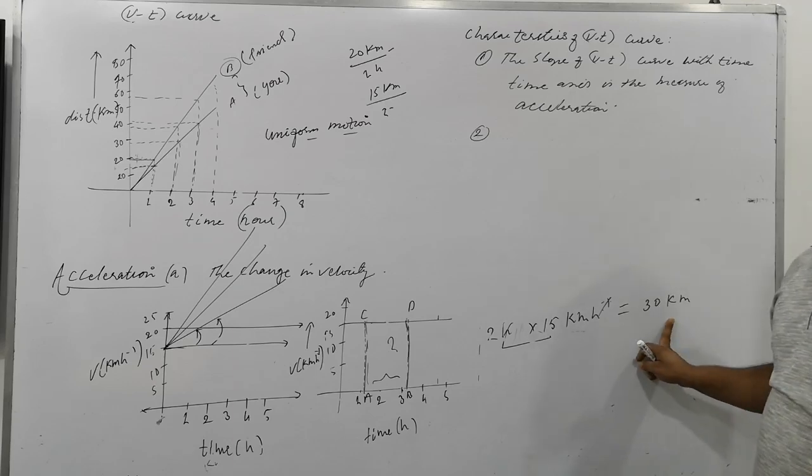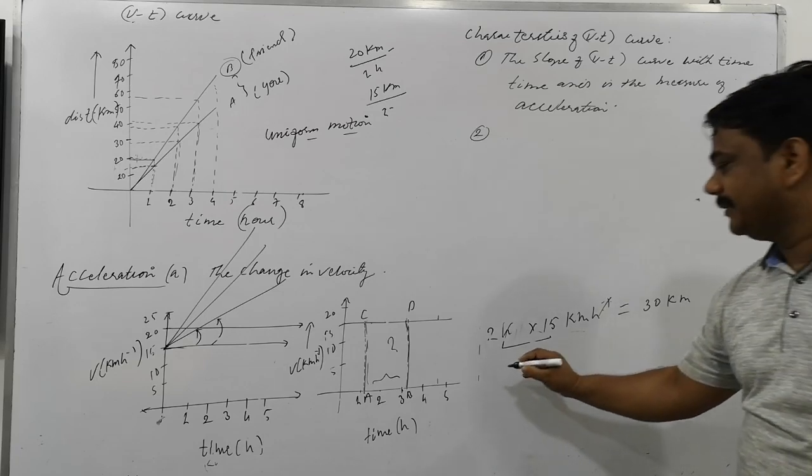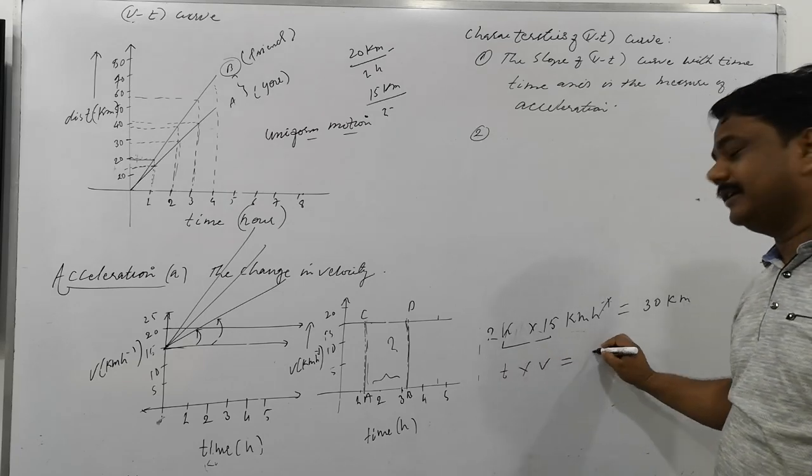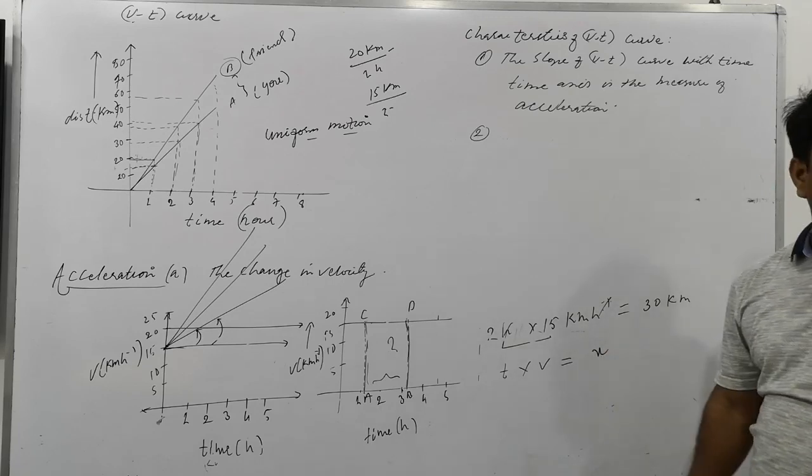Kilometer is the unit of distance. So we can say that speed multiplied by time gives distance. Is that clear? This is one activity.